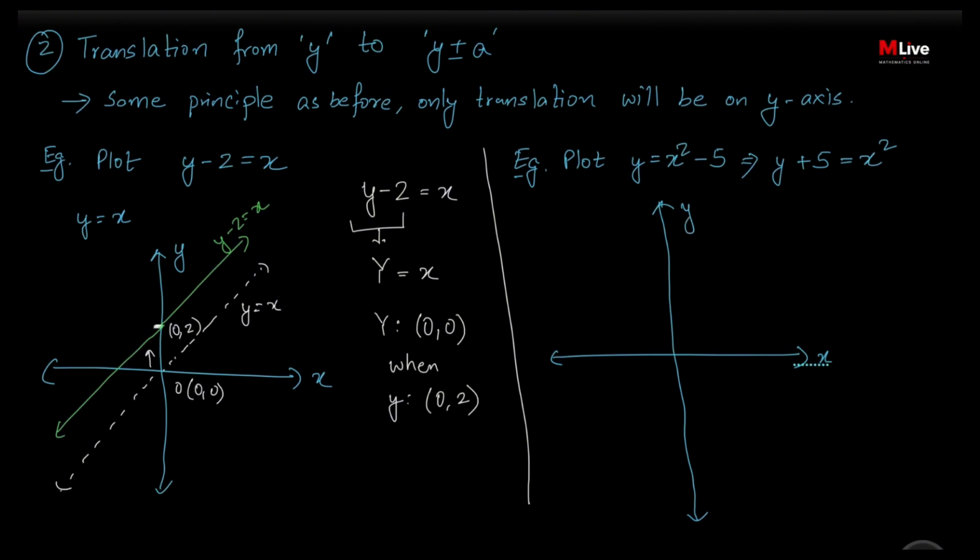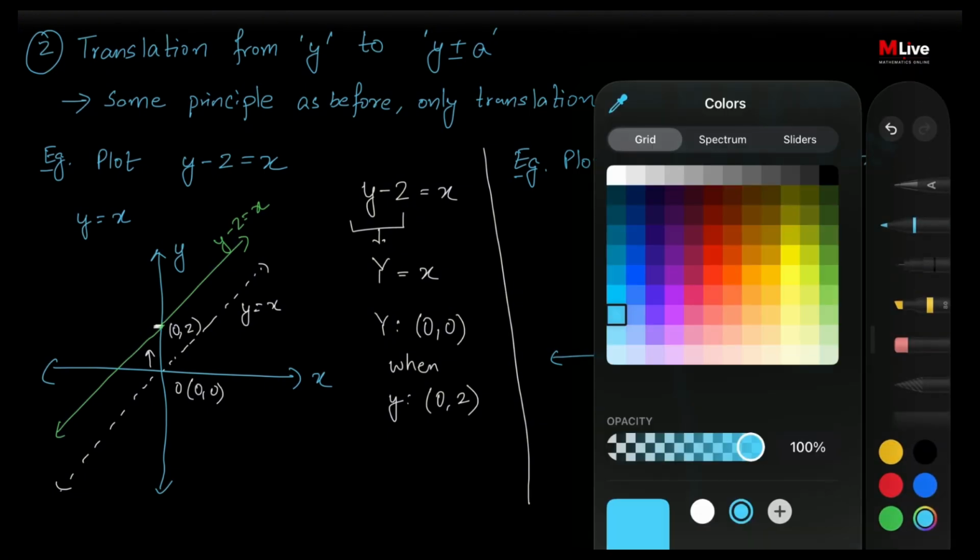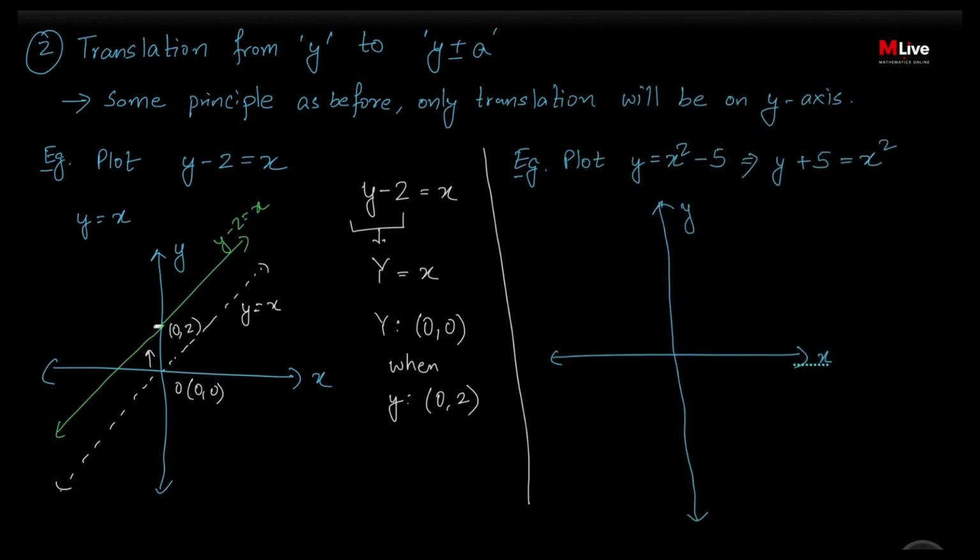Now if we again look at this equation y plus 5 equal to x squared, we will have to think in terms of bringing it into the form of y is equal to x squared, and for that we will start with our original parabola, which is y is equal to x squared. Once we have drawn this, we will try to locate where my origin now will shift.